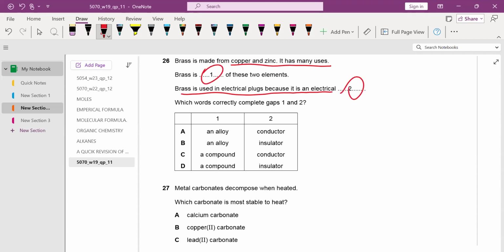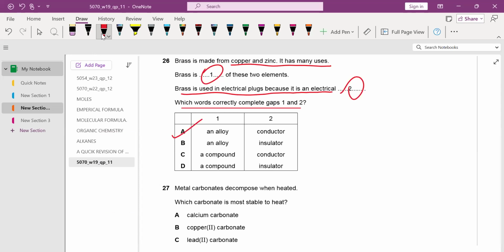Two rows are given; which words correctly complete gaps 1 and 2? So brass is an alloy and it is a good conductor of electricity. That's why it is used in electrical plugs. So option A is correct for question number 26.